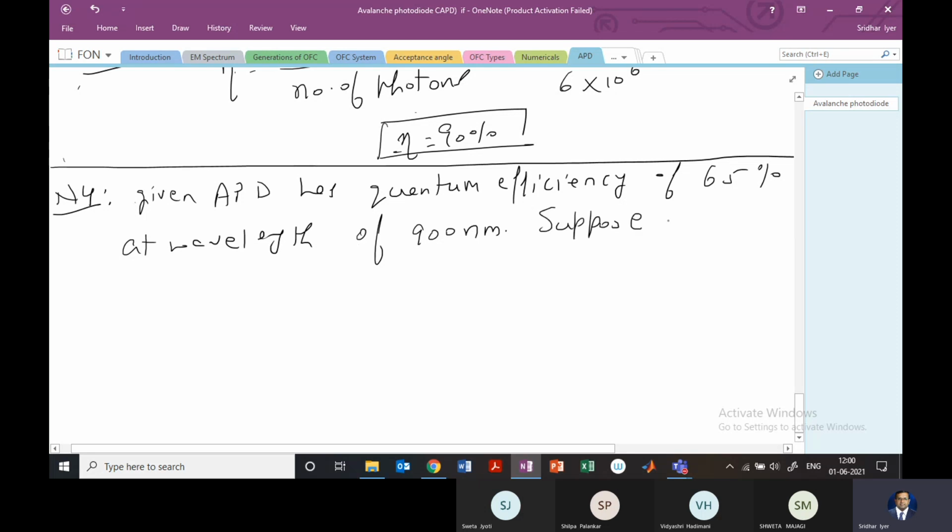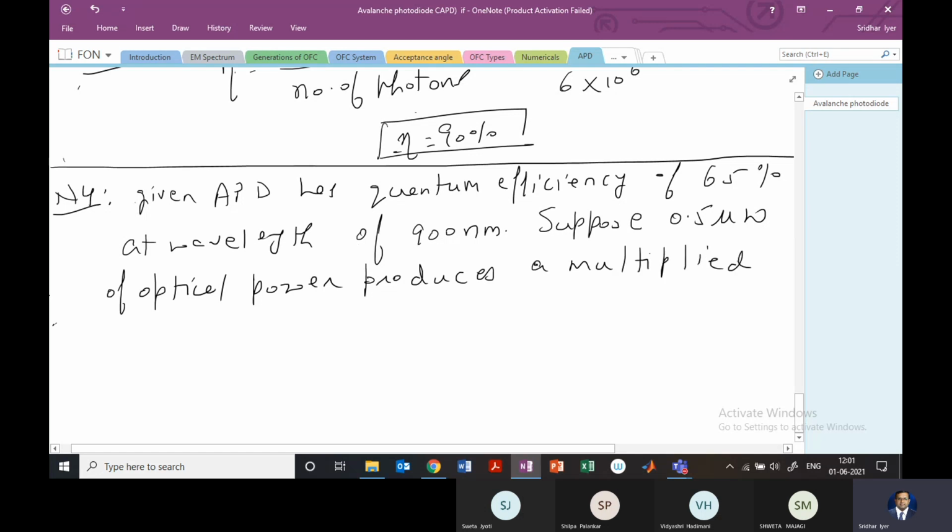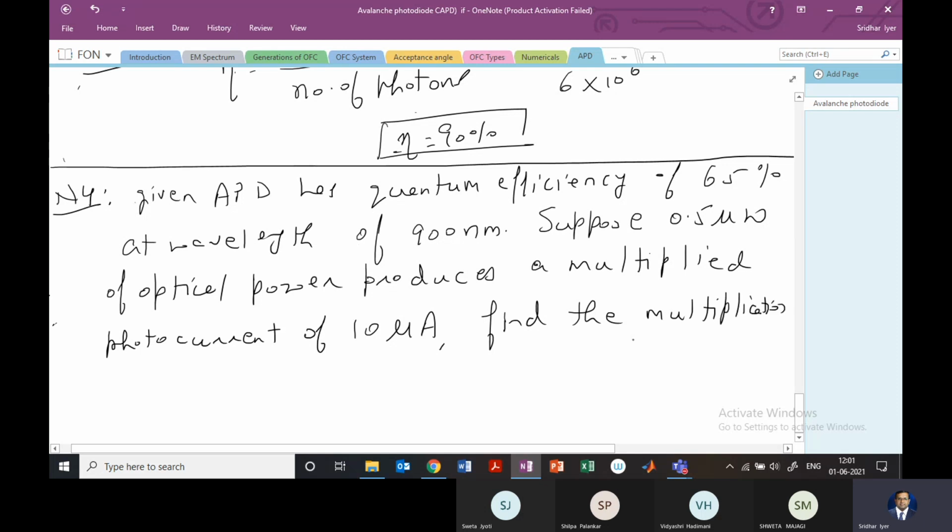Suppose 0.5 microwatt of optical power produces a multiplied photocurrent of 10 microampere. Find the multiplication factor.